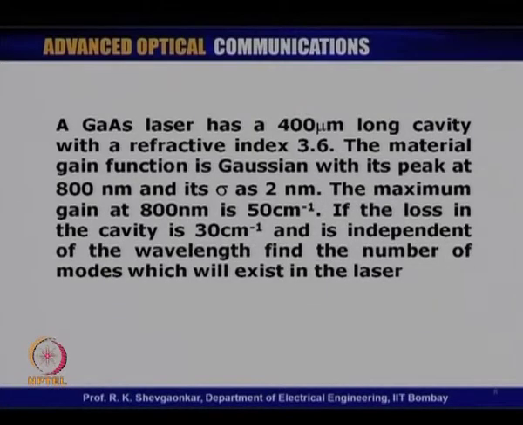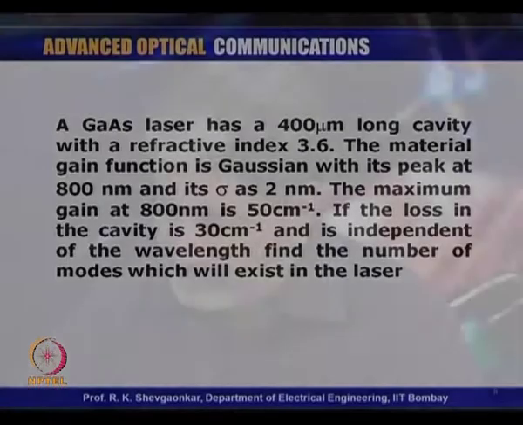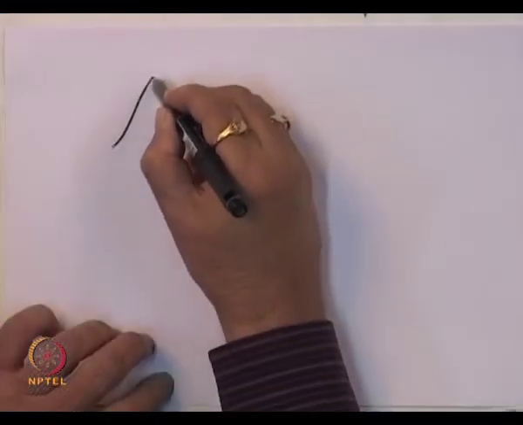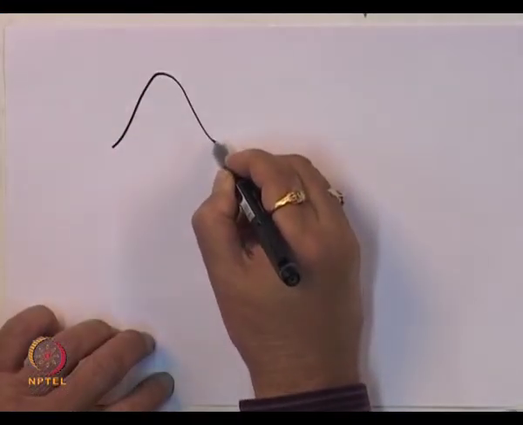If the loss in the cavity is 30 per centimeter and is independent of the wavelength, find the number of modes which will exist in the laser. So, let us first see what is given here. It is given that the gain function of a laser is a Gaussian function.